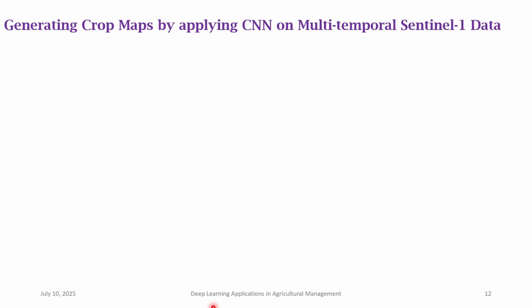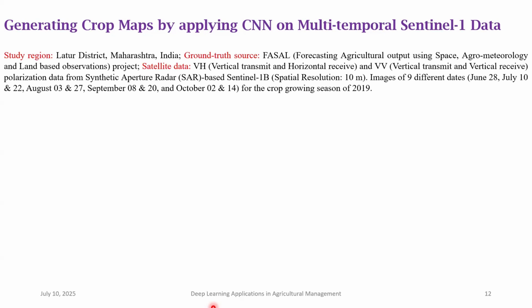This data is available at a very fine spatial as well as temporal resolution. So now I take one study region, Latur district in Maharashtra, India, which is about 700 square miles in area.